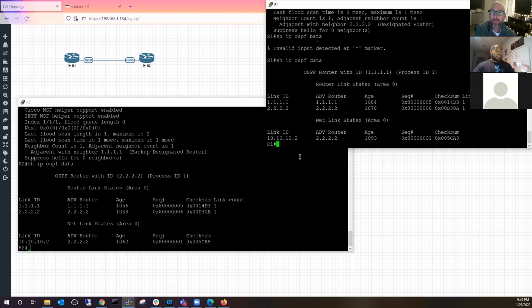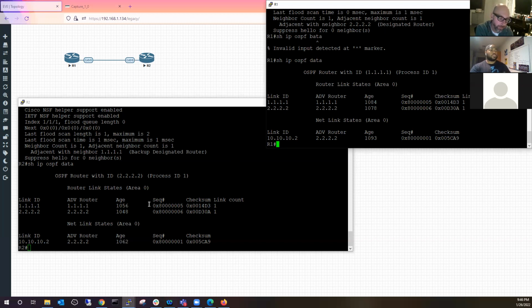Yeah, so you see here, these are the link state advertisements for both these routers. And actually all the routers within an area will show the same thing. The thing about OSPF link state, as opposed to distance vector, is that everybody knows about everybody and draws a full picture of the topology, whereas distance vector only knows about the next hop.